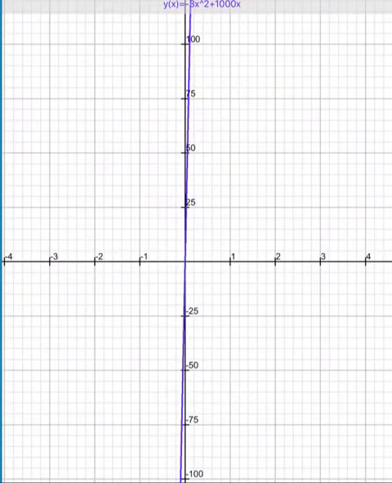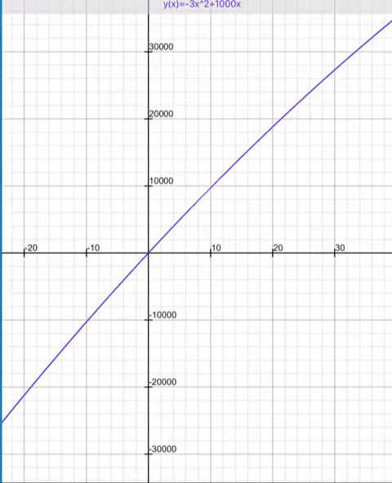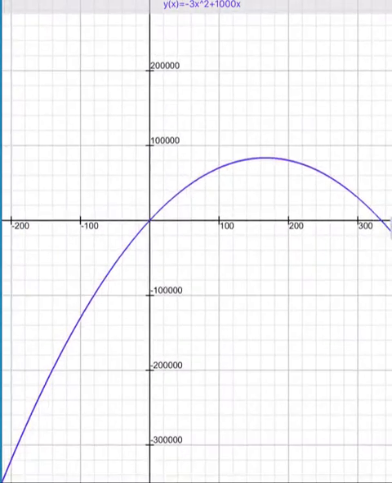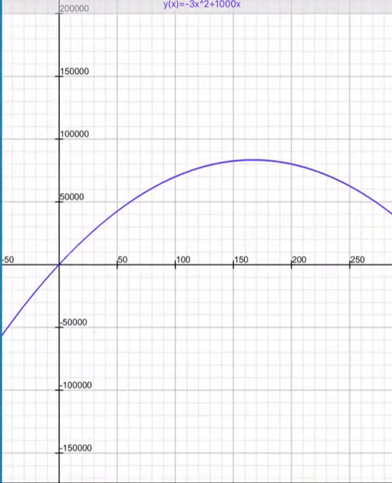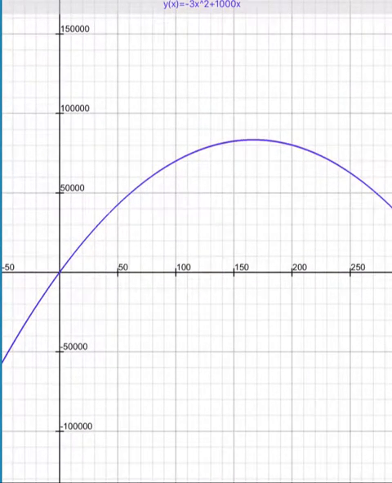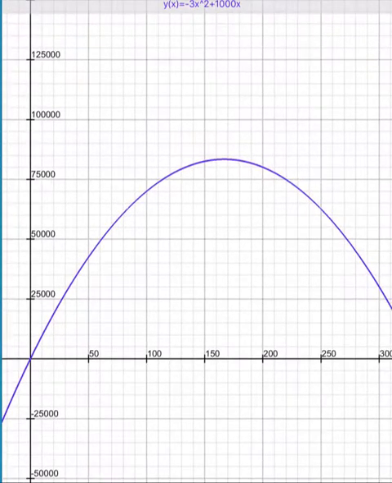And we want to save that and go ahead and graph this. And what I want to do here is make this a little bit bigger.